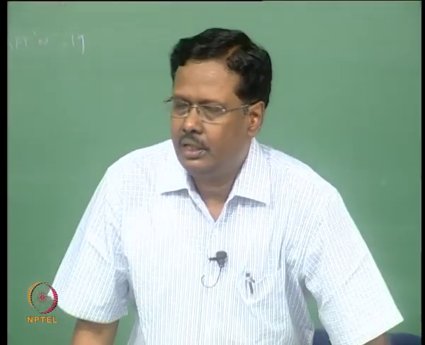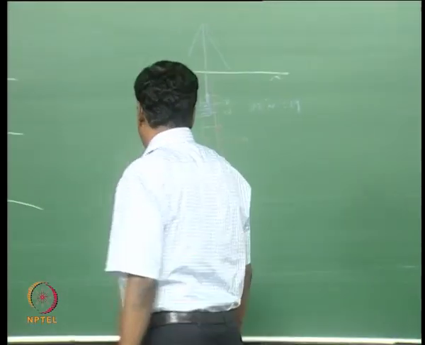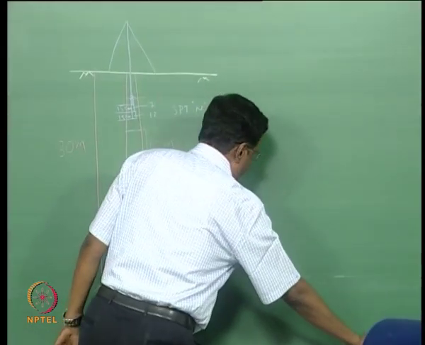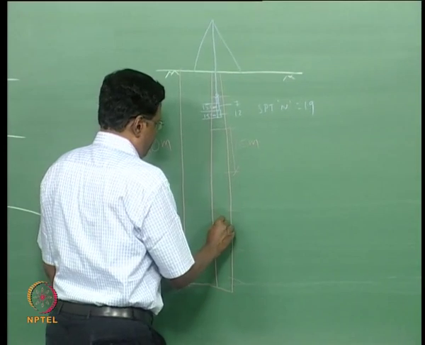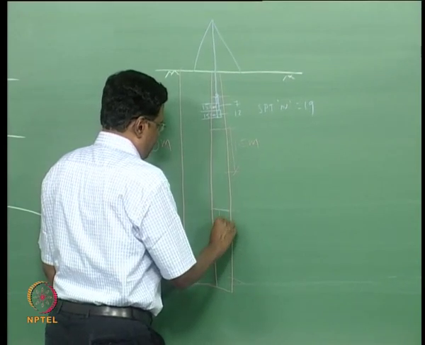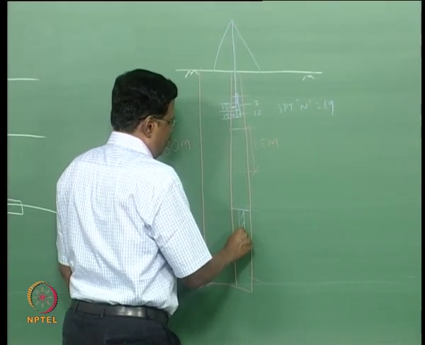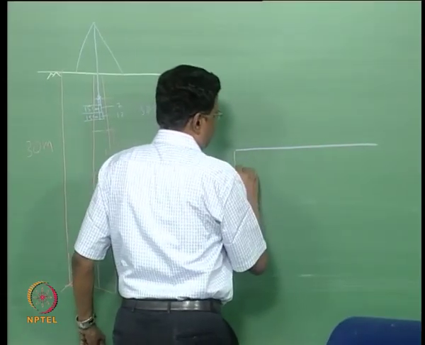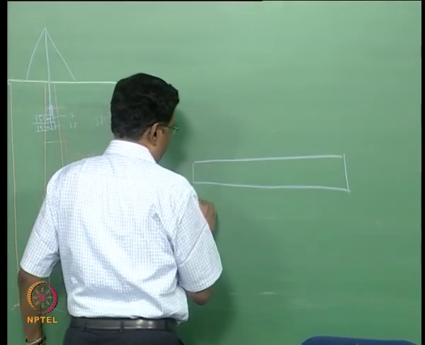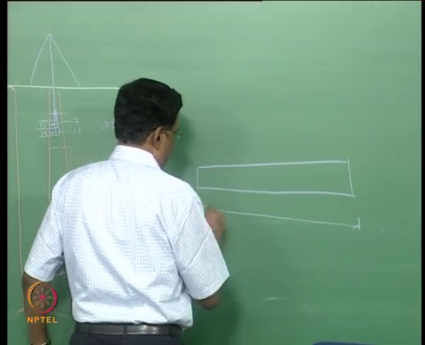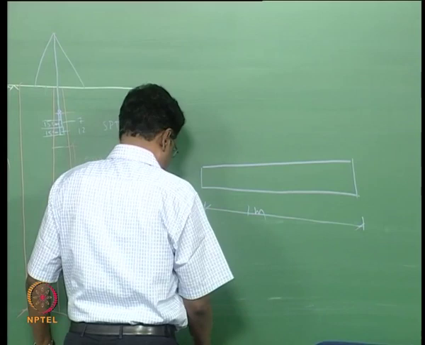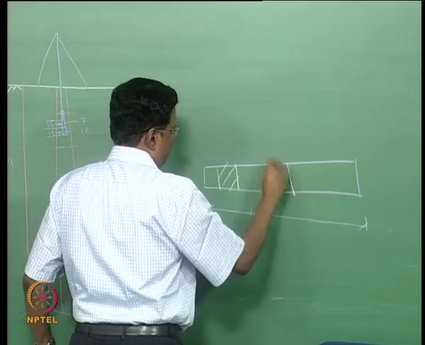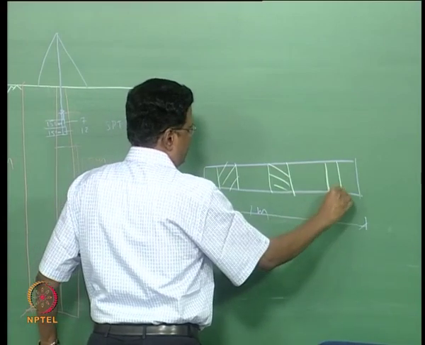Suppose you are using this SPT test, and you have encountered some rock here, you cannot do the SPT test. What you do is you take a core of rock. Suppose you take a core of about 1 meter, there will be some pieces of rock here, some pieces of rock here, some pieces of rock here.